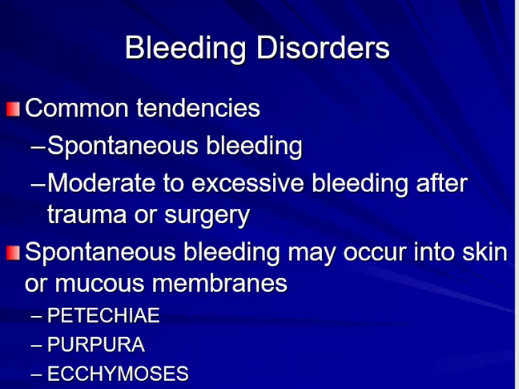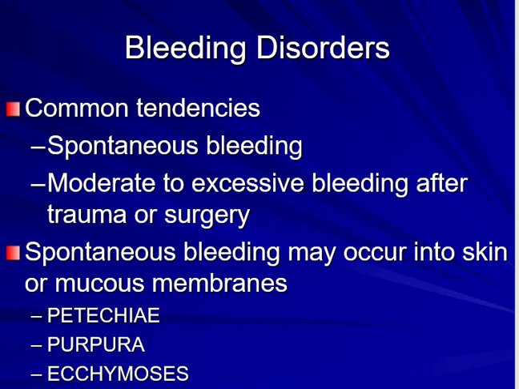So when people have bleeding disorders, they tend to have similar common tendencies. They tend to spontaneously bleed, and I'm not talking about their gingiva. I'm talking about something called epistaxis, which is a fancy name for a nosebleed.